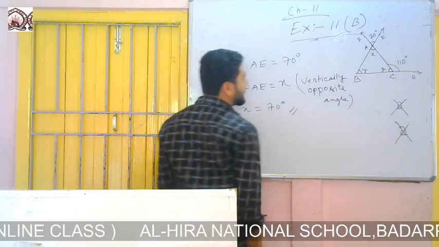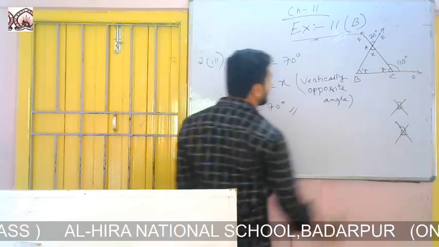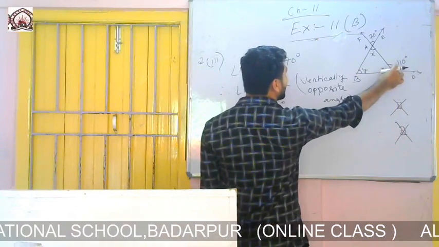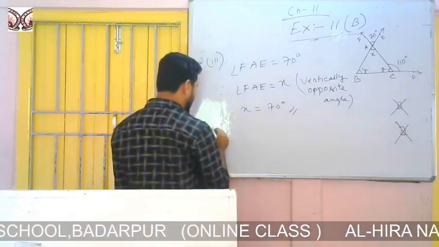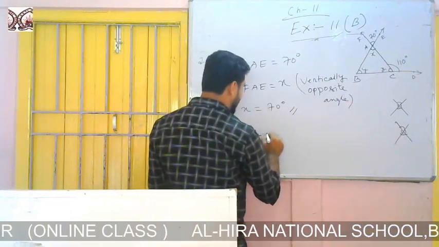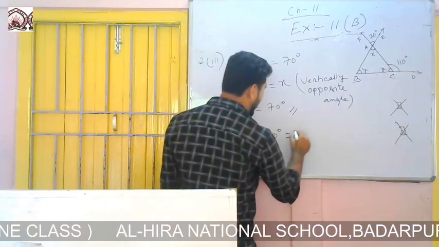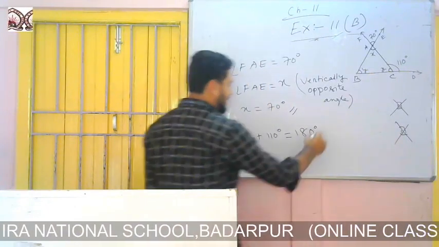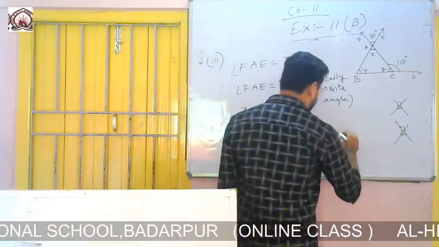Now we have to find angle Z. Okay, so by linear pair you can find this one, right? Angle Z plus 110 degree equals 180 degree. You write in bracket, linear pair.